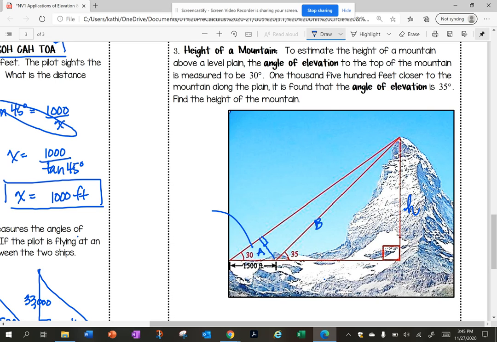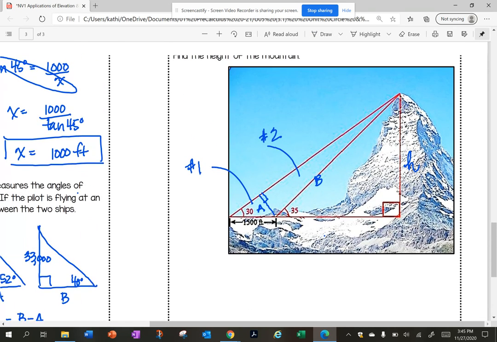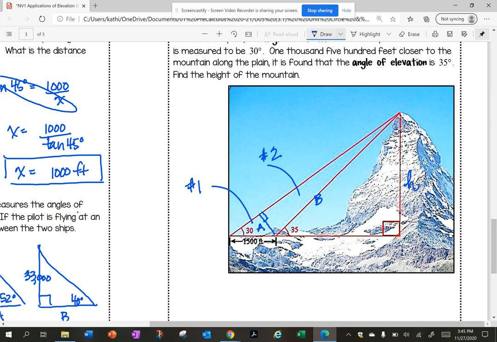So I'm going to call this first triangle, triangle number 1. The second triangle I created, triangle number 2. And this third triangle here, triangle number 3.